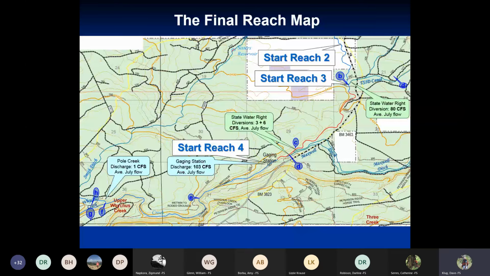And then the final reach map. You want to have a good final reach map to include in the report. Especially when you've got complex hydrology with varying discharge data, diversions, and irrigation ditches running off, it's really good to even put on the map those discharge readings that were collected.